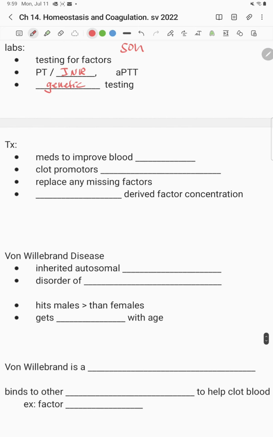Okay, treatment would be medications to improve blood clots, clot promoters like Stimate, with desmopressin. Replace any of the missing factors. Plasma-derived factor concentration is another treatment.